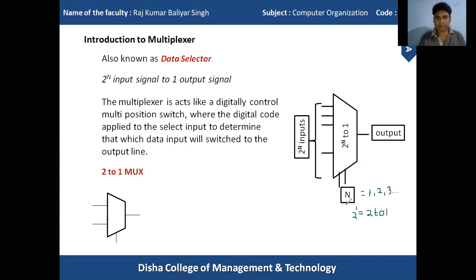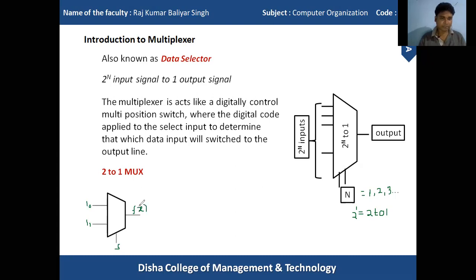Here n equals 1, so 2 to the 1 equals 2. The first input is I0 and the second is I1. Let's consider the select line as S and the output as the function f of x.